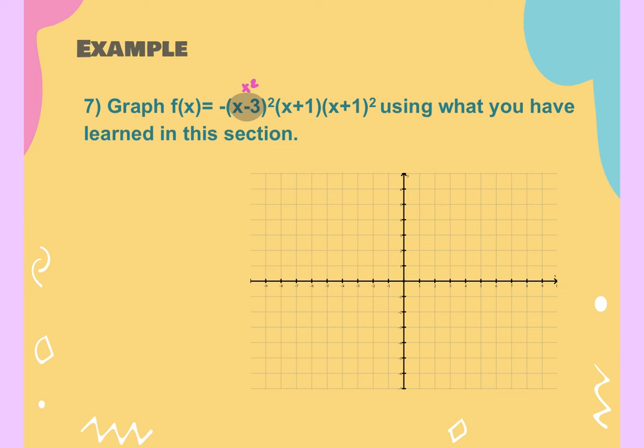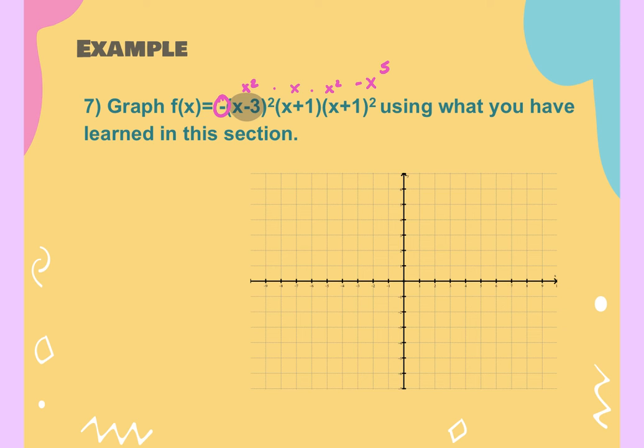Then I go to the next parentheses and it's x plus 1. What's the highest exponent that's going to come out of there? Just x. And then I go to the next one and there's an x plus 1 squared. What's the highest exponent that's going to come out of that? X squared. So if I was to multiply those three things out, what's the exponent going to be? Which means it's odd. The negative on the front means it's going to end up being a negative x to the fifth.